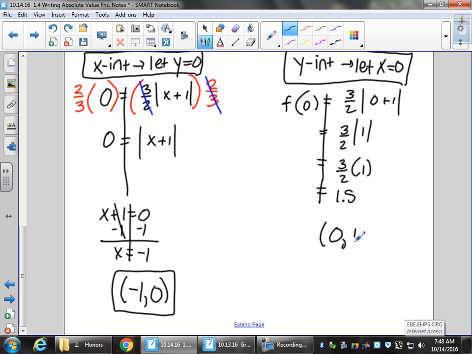Check your graph. Is your y-intercept at 0, comma 1.5? Halfway between 1 and 2? We're good? Yes. Yeah, see? Negative 1, comma 0. Good?